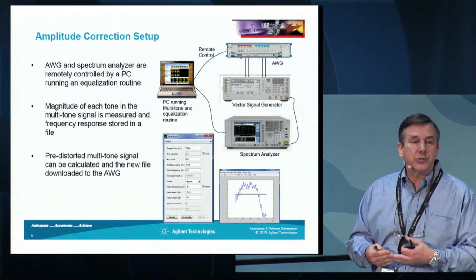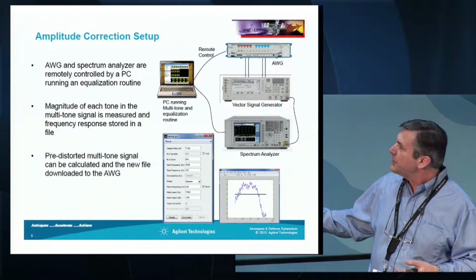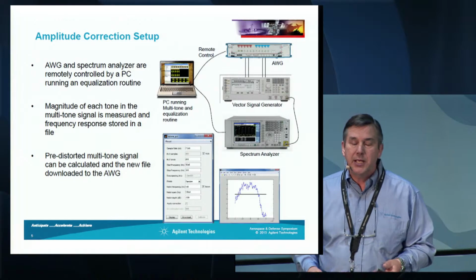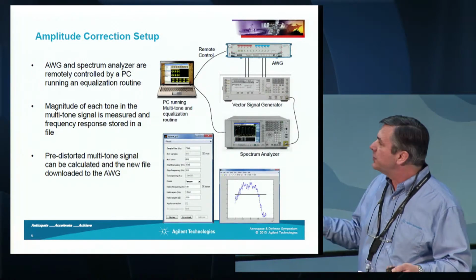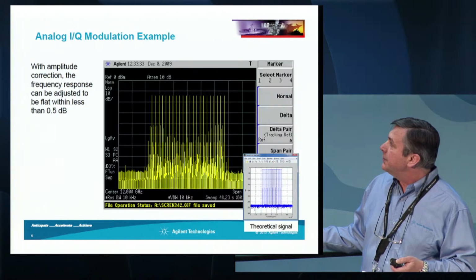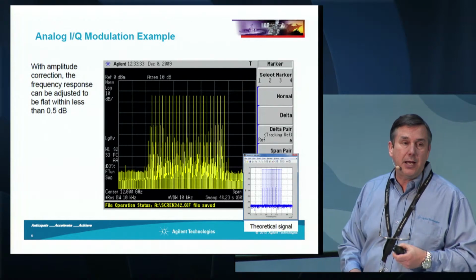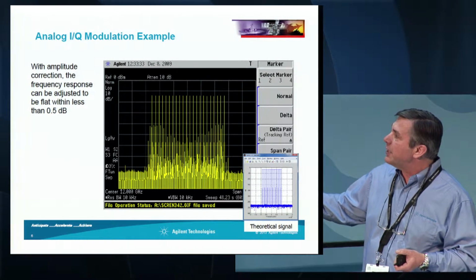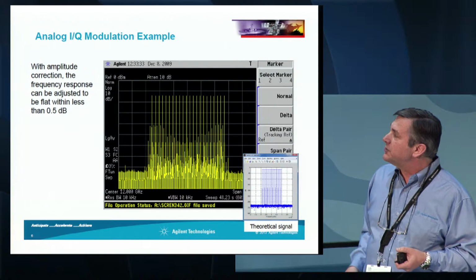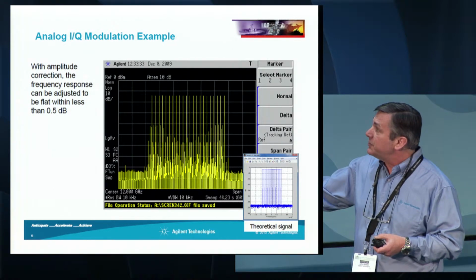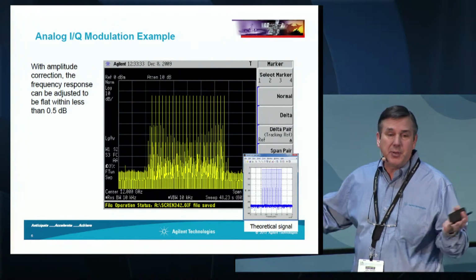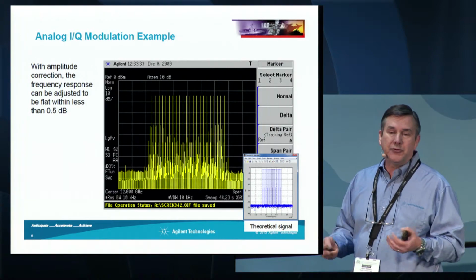We pre-distort or correct or calibrate our waveform, and then we download that corrected waveform into the arbitrary waveform generator. That provides us with the ability to pre-distort that signal and achieve a very flat magnitude and phase response across the entire bandwidth. Here you can see we're down to less than half a dB across a 2 gigahertz spectrum with these multi-tone signals. And of course this can be applied not just to multi-tone signals, but also any kind of digital modulation or vector modulation.